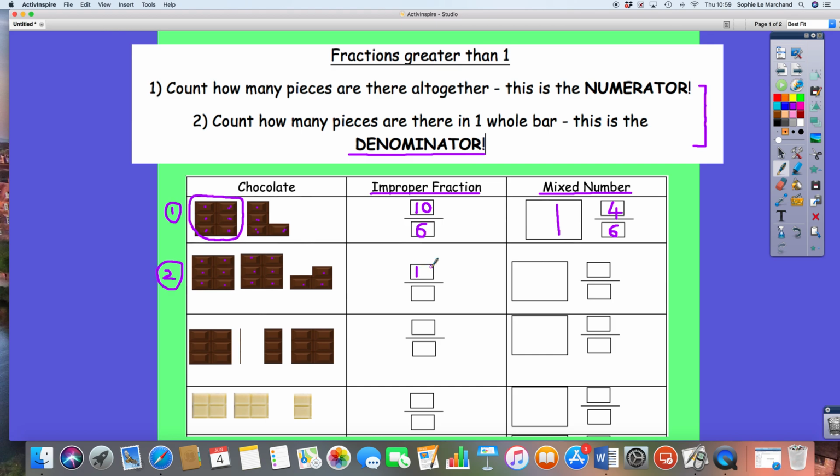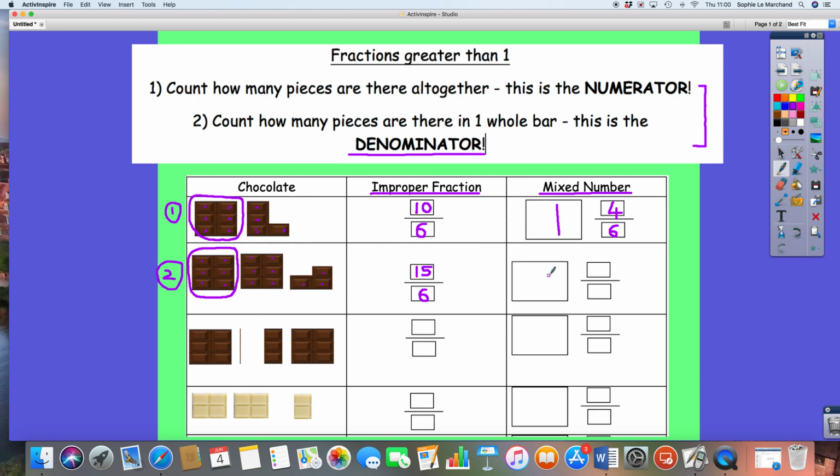So 15 pieces of chocolate all together. And how many make up one whole bar? Here's one whole bar, and just like in the last question, you can see that 6 pieces make up one whole bar. So as an improper fraction, the amount of chocolate we've got here is 15/6.